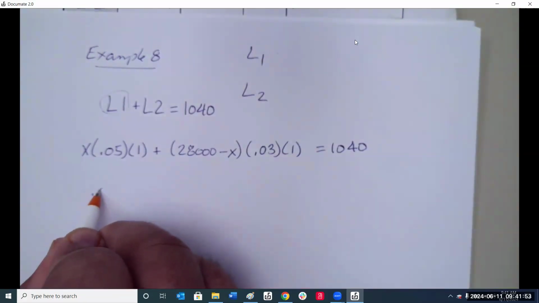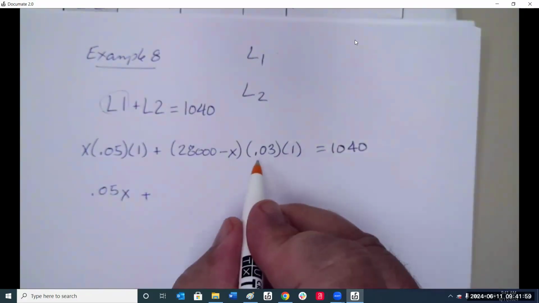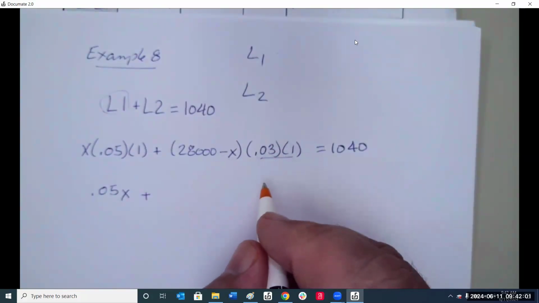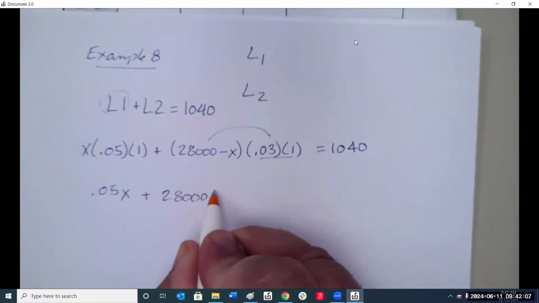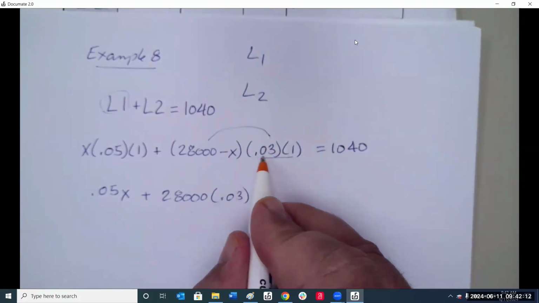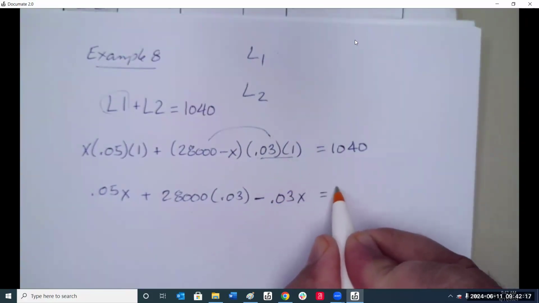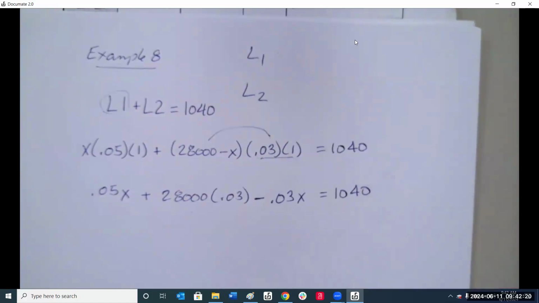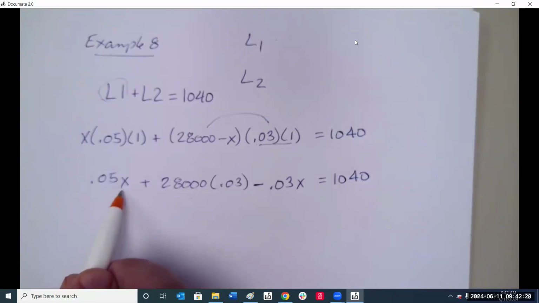So this first one is 0.05x. 0.03 times 1 is 0.03. So if we have 28,000 times 0.03 minus 0.03x equals 1040. 0.05x minus 0.03x is what?